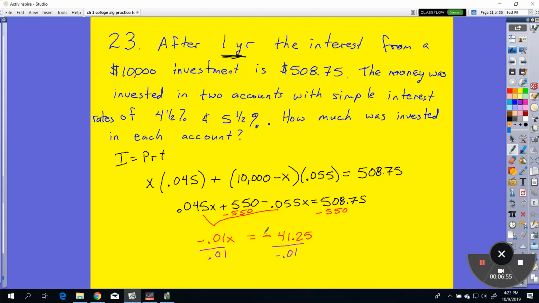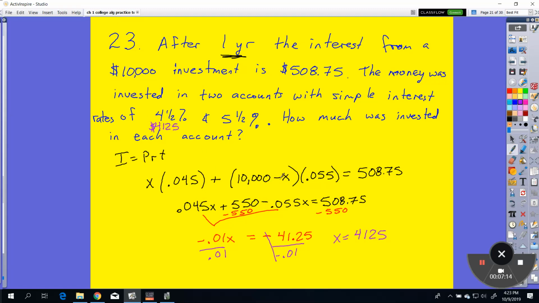So a negative divided by a negative goes away. 0.01 just really moves the decimal place to the right too. So x equals 4,125. So remember the x is the 4.5%, so that's 4,125.